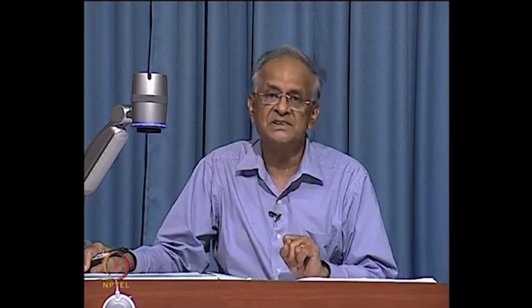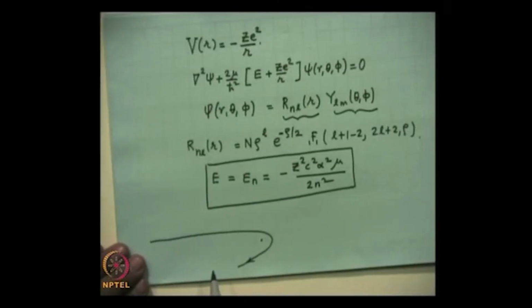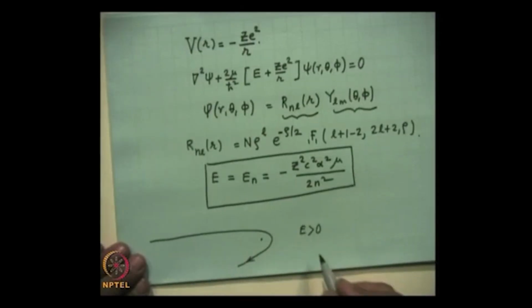There is one thing that I would like to mention, that we have considered the negative energy states. Now, the positive energy states: if I have a proton sitting here and an electron comes from a very far distance and gets scattered, those are the E greater than 0 states.